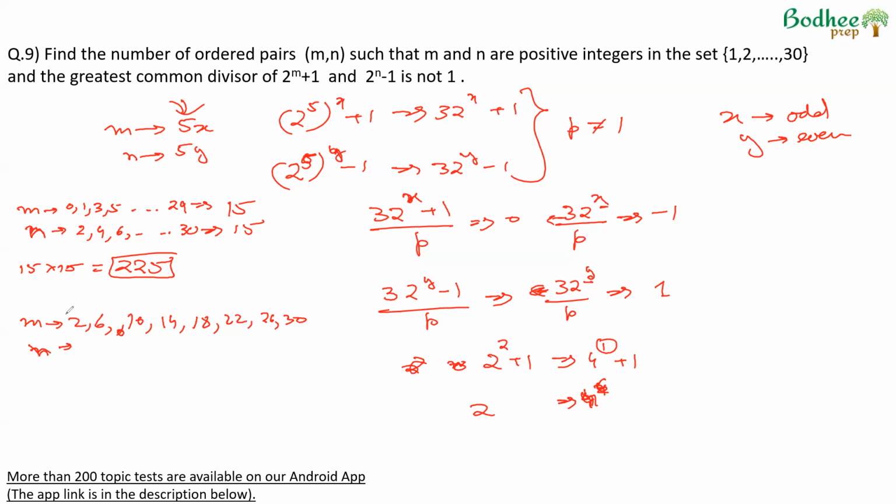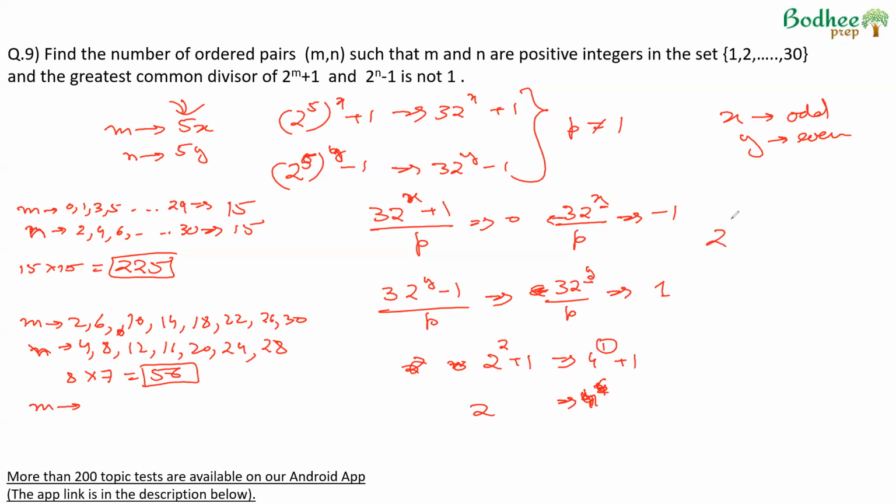Since m has a power of 2 as 1, n could be 4, 8, 12, 16, 20, 24, 28. So 8 possibilities for m and correspondingly 7 possibilities for n. So 56 extra possibilities.